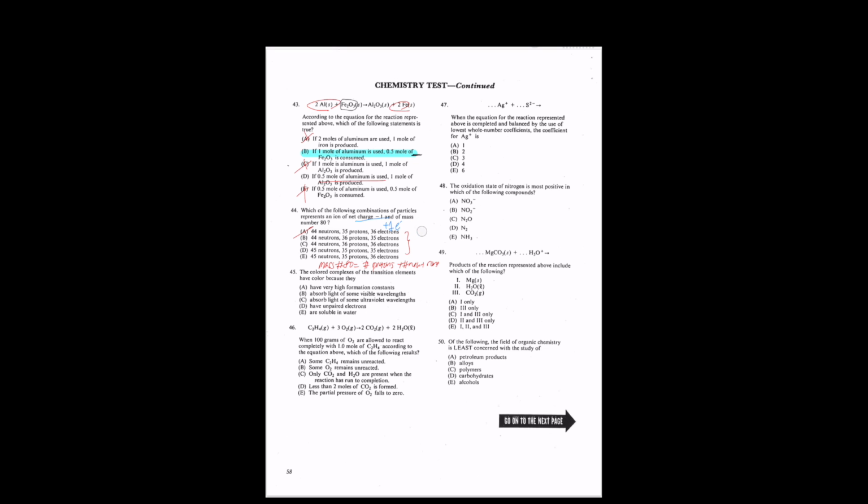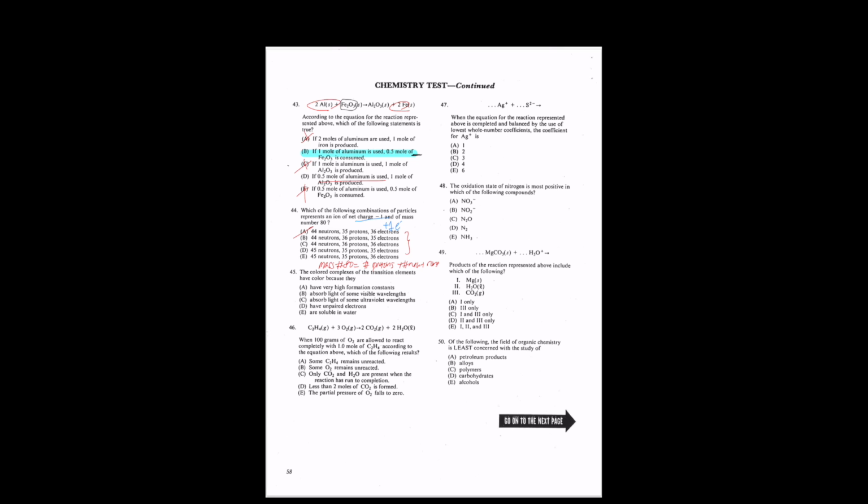Or actually, okay, please edit this. So net charge of -1 is basically +1 electron, and we know that in a neutral atom, the number of protons equals the number of electrons. So we just have to find a choice that has +1 electron compared to the number of protons.